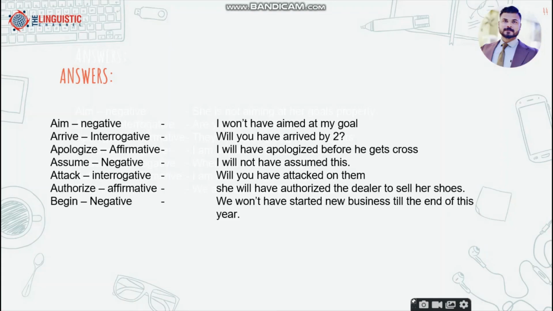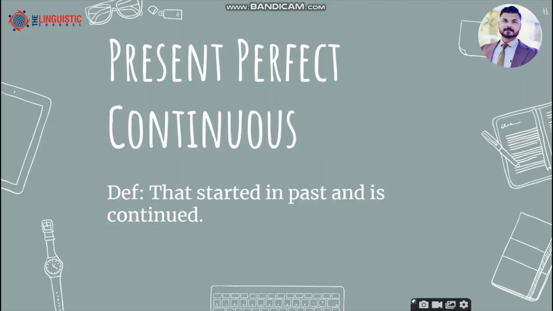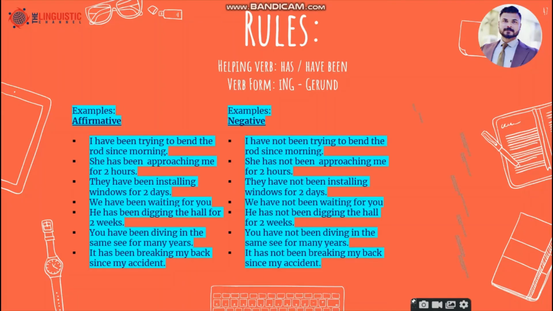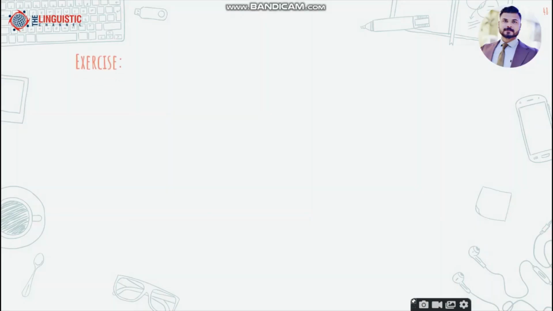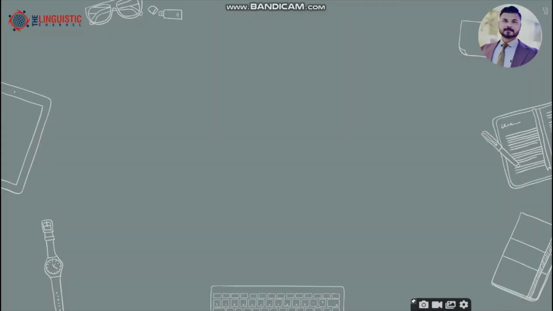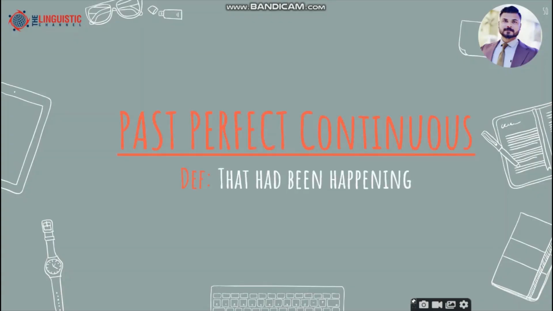Alright, here we are. Present perfect continuous tense: examples, exercise, and then the answers. After this, we have got past perfect continuous tense, which is going to be the last tense. Why? Because future perfect continuous tense is not used that frequently anymore, it's vanishing from English grammar as well.